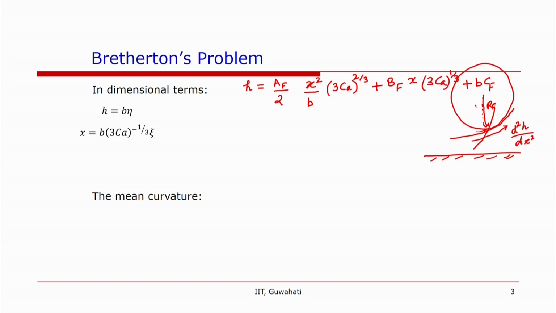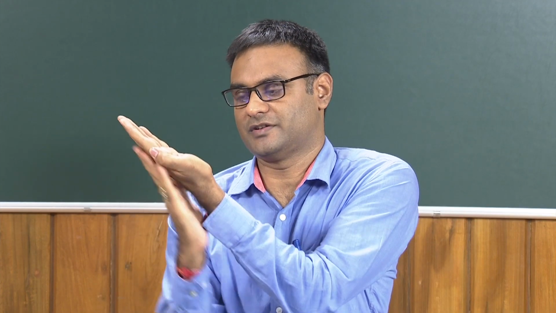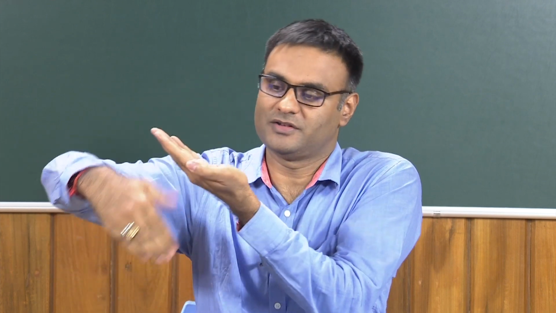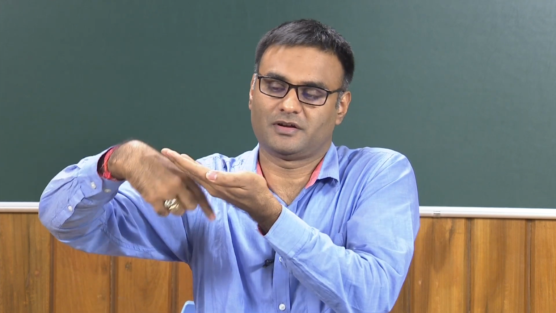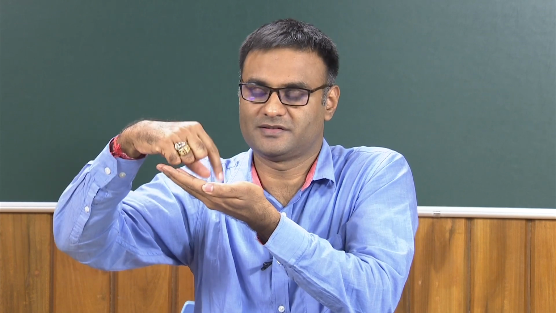So the mean curvature in this region will be equal to 1 over Rf. If this is the surface, then this curvature is d2h by dx2, and this curvature, where the sphere is circular, is the radius of this circle, which is Rf.